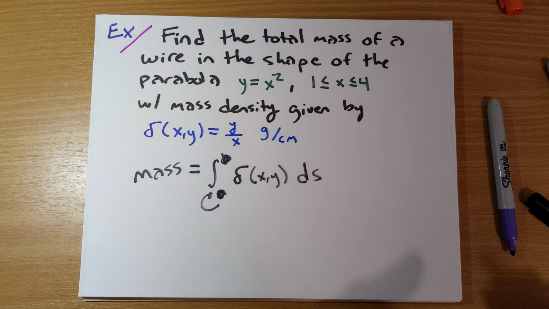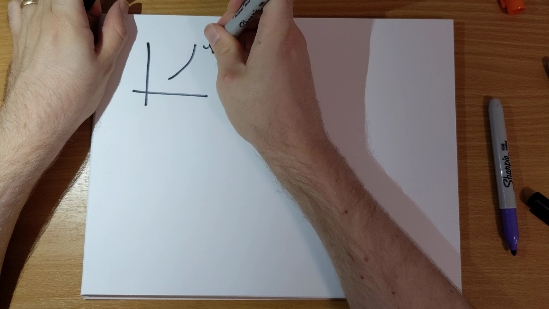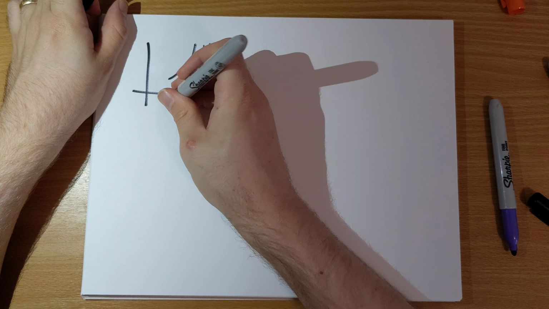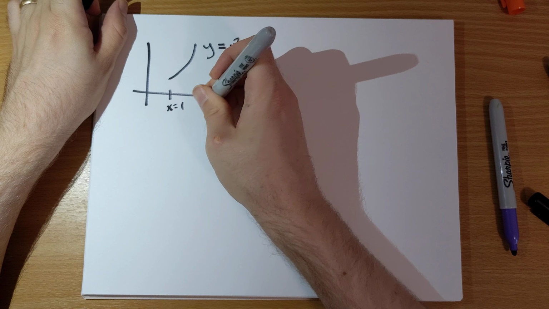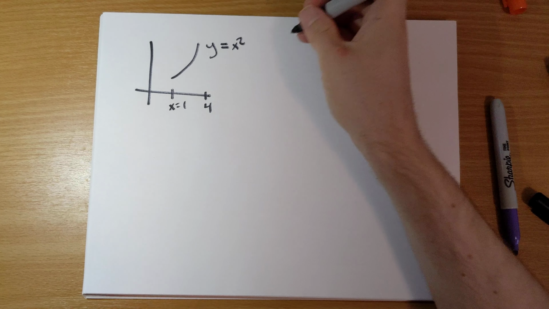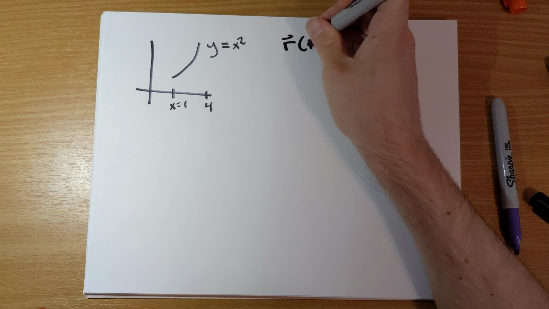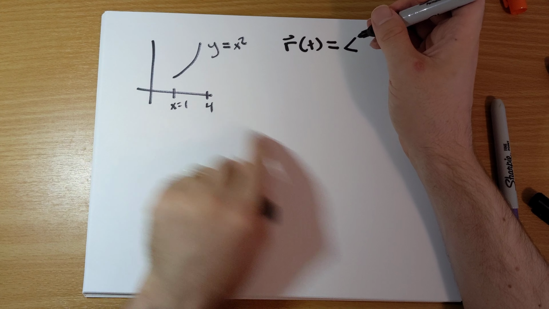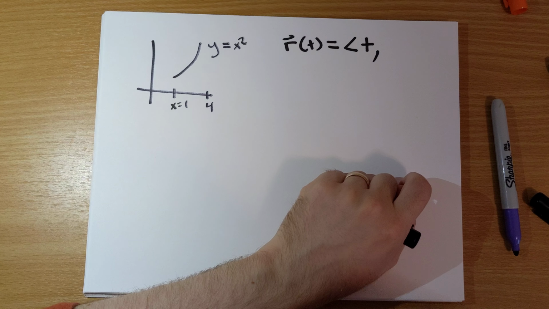Okay, so let's go to the next slide just to draw a picture. This is a chunk of y is equal to x squared, where x is running from 1 to 4. We need a parameterization of this curve. And so I think we can do r of t is equal to, so x runs from 1 to 4, we can just replace x with t.